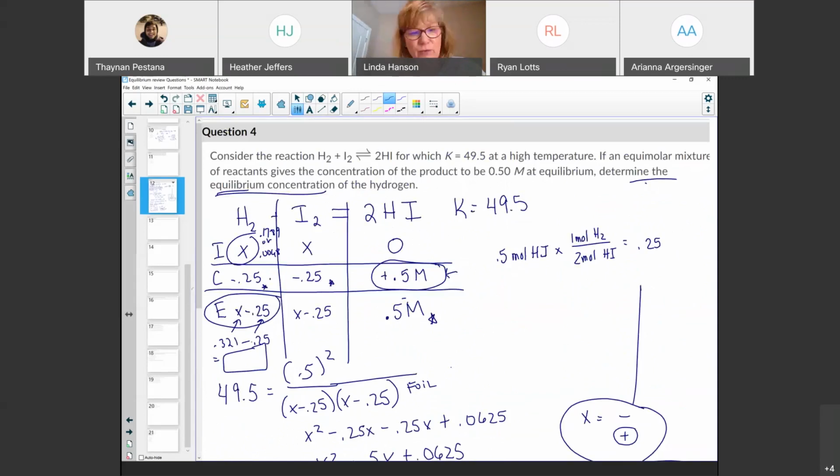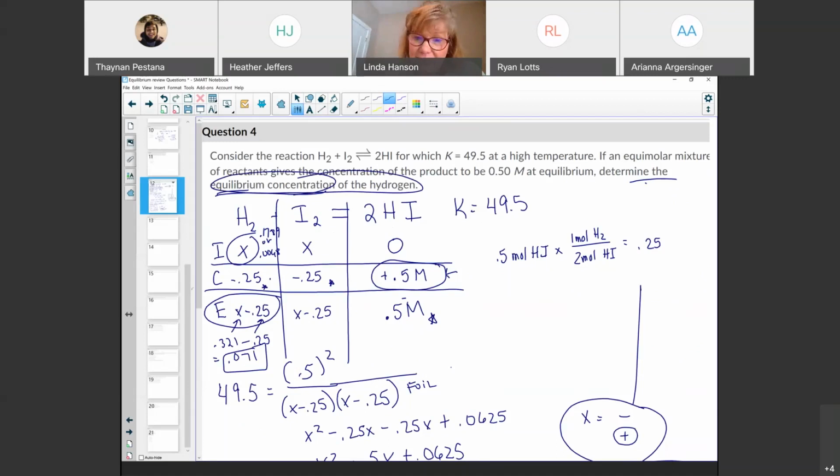So 0.321 minus 0.25. Yeah, and I have to reprogram my calculator, but thank you for letting me find that before I go on and record more videos. 0.071 is the equilibrium because I have to take x minus 0.25. That's what I would want circled for my final answer.